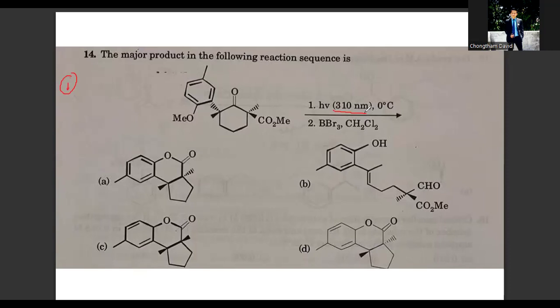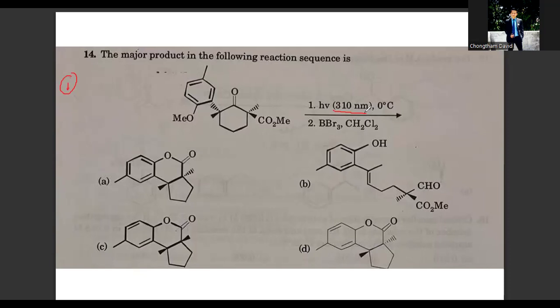In this reaction, the carbonyl group undergoes a photochemical transformation, leading to the formation of a diradical intermediate. This intermediate undergoes a 1,5 hydrogen shift, followed by cyclization to form a new six-membered ring, which is characteristic of a 2+2 cycloaddition process.